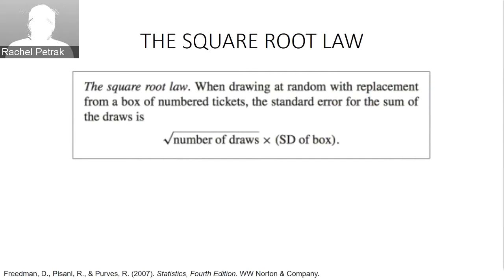And so the chance error gets bigger and bigger, and so does the standard error. But while the absolute value of the error keeps increasing, the standard error goes up much more slowly by a factor that's equal to the square root of the number of draws. So if you have 100 draws, your standard error only goes up by a factor of 10 because the square root of 100 is 10.